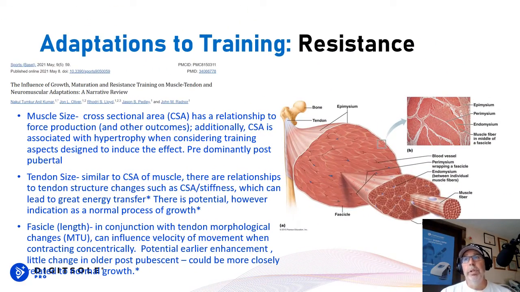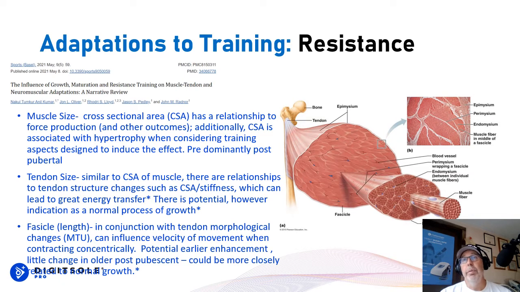There are two really good papers that I've emphasized here that do a really in-depth analysis of a lot of this information. Firstly, we'll look at muscle size. Looking at cross-sectional area, we know that it has a relationship to the ability to produce force. One would think that if we can improve cross-sectional area, we should be able to improve force.